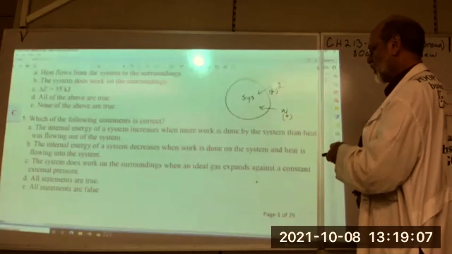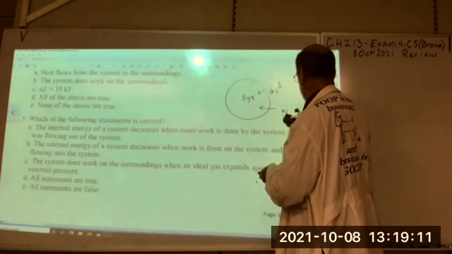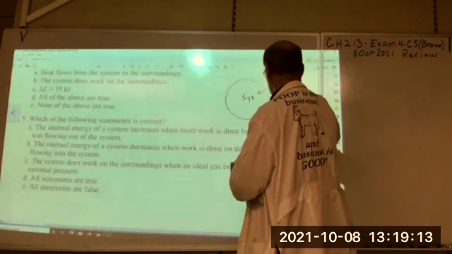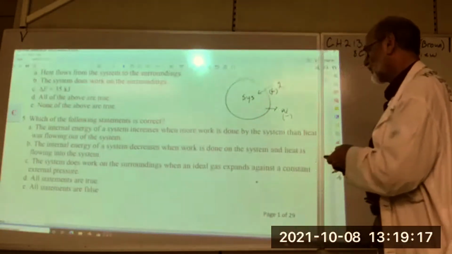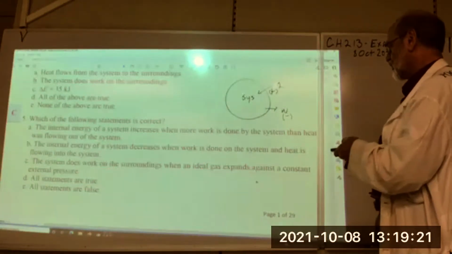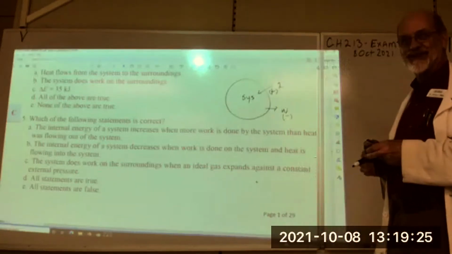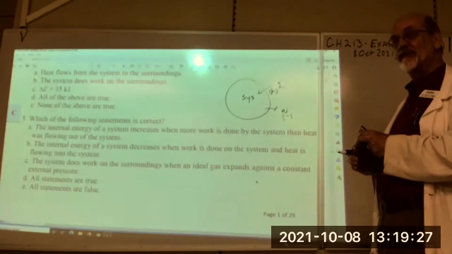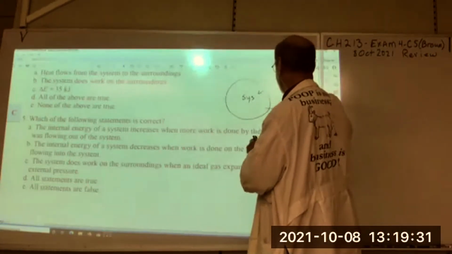The system does work on the surroundings. Work on the surroundings. Okay. This one again. When an ideal gas expands against a constant pressure, it will. Okay. Yeah, that's true. I mean, that's a simple statement of what happens under constant pressure.